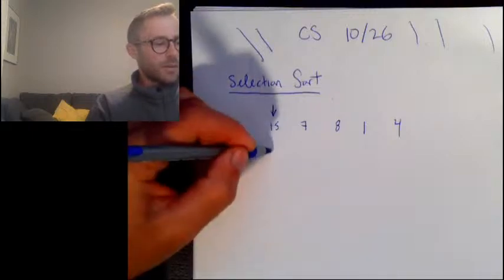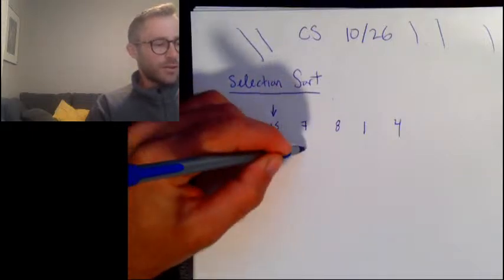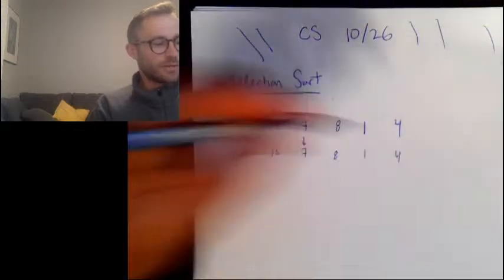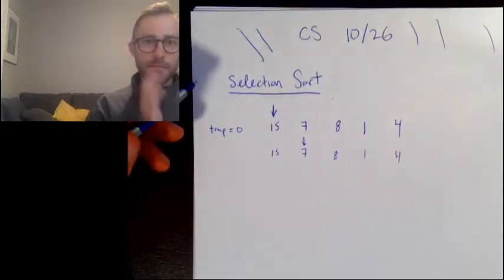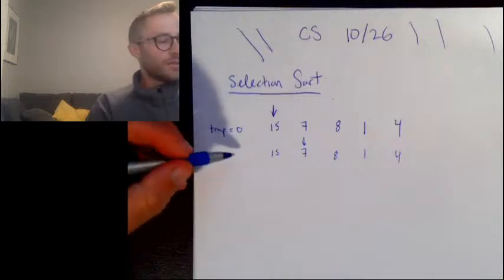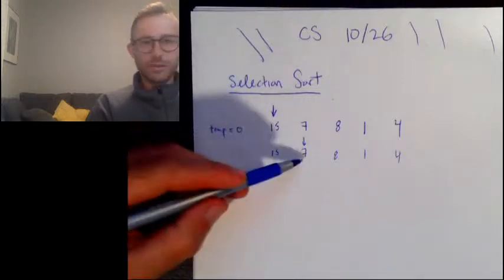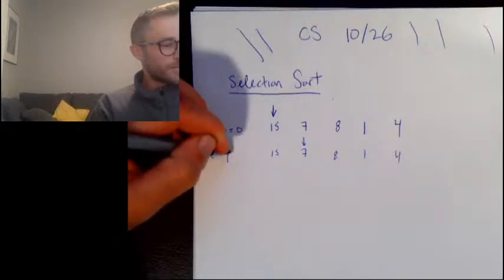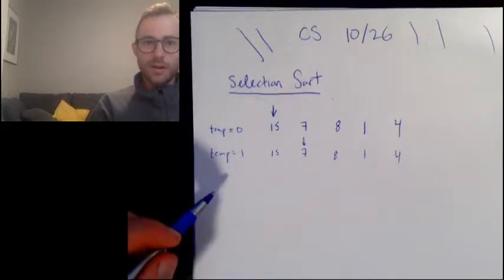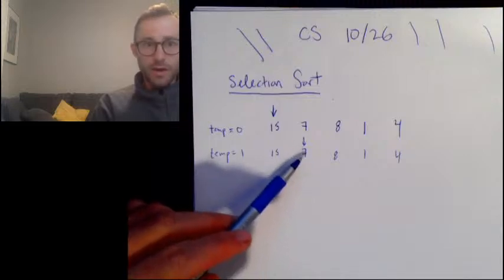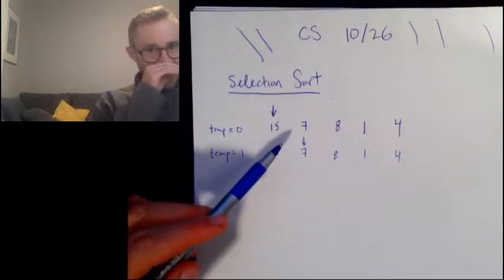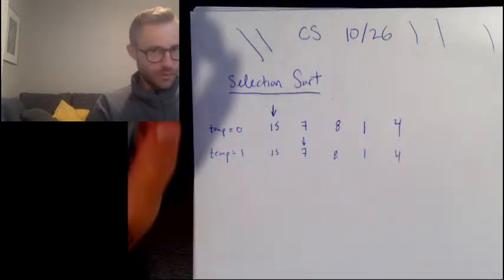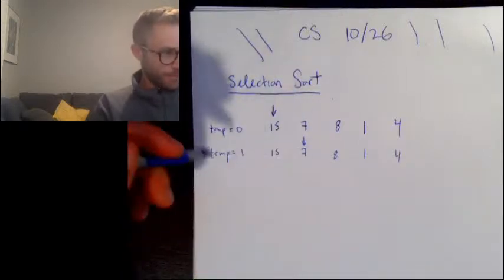So now I'm going to bring my focus onto the next element in the array, and I'm going to compare it to 15, okay? And so I can see that obviously 7 is less than 15, so now I'm going to set the temp equal to 1, okay? Because now I'm saying the index 1 holds the smallest value in this array.